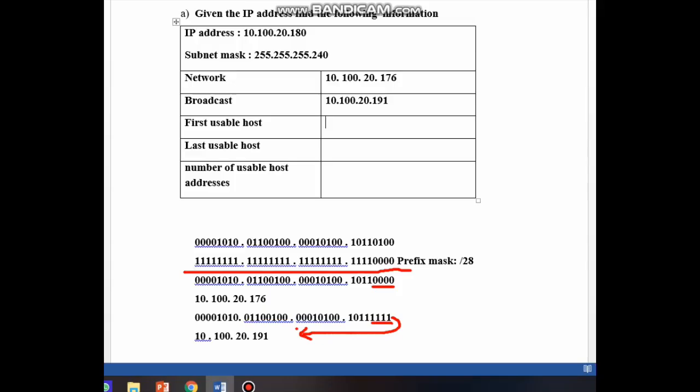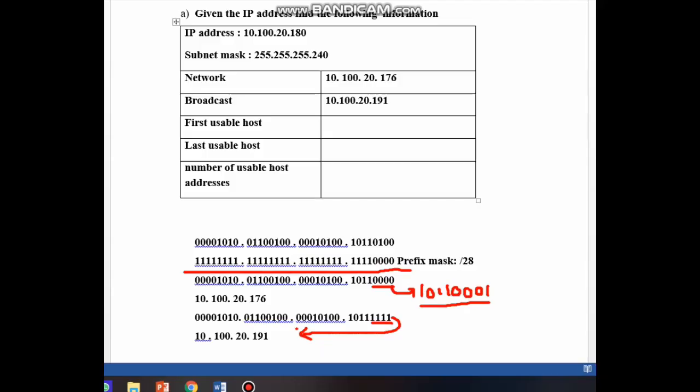Right, so my first usable host is the address that's immediately after my network address, right? So in other words, it will be when I turn this very last host bit to 1. So if I write it like 10110001, that's going to be my very first host address.